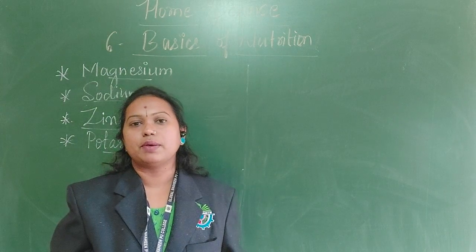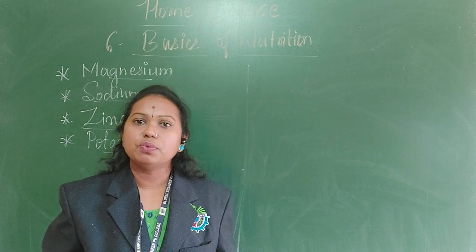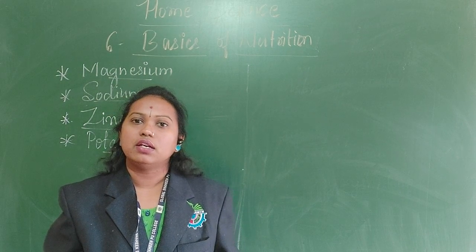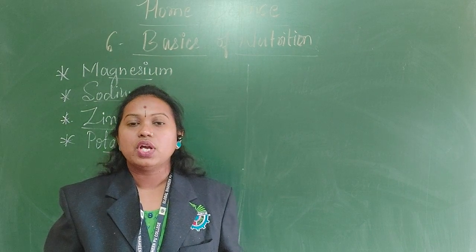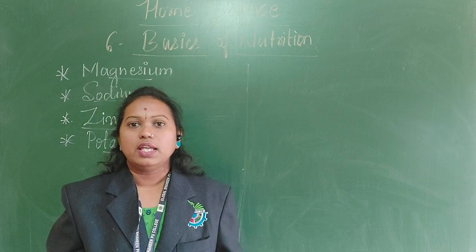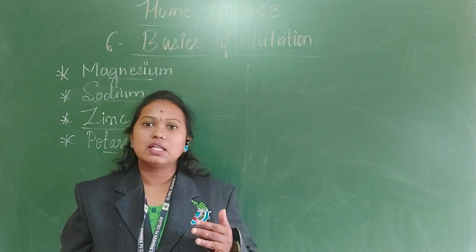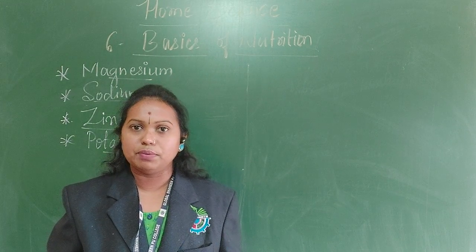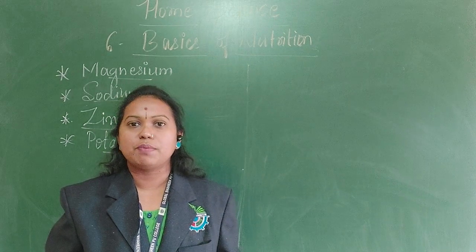This is required by the body to perform numerous important functions, such as relaying nerve signaling and regulating muscle contraction. In fact, this is the third most abundant mineral found in the human body after calcium and phosphorus.